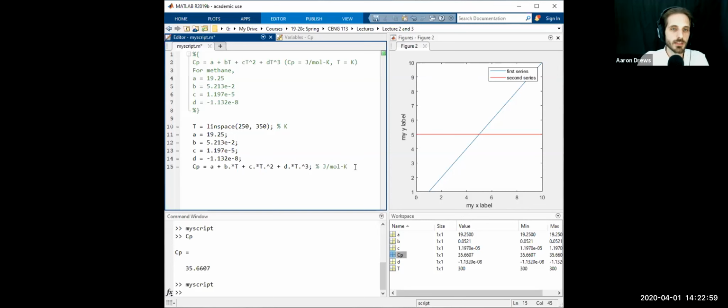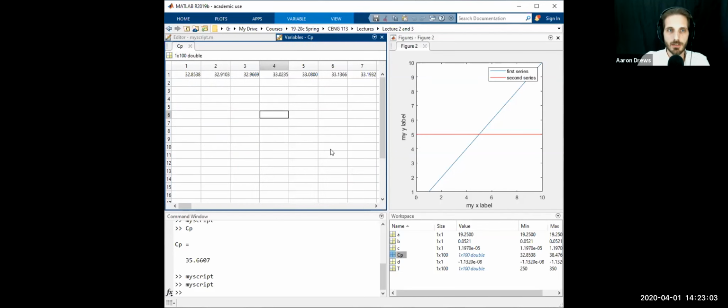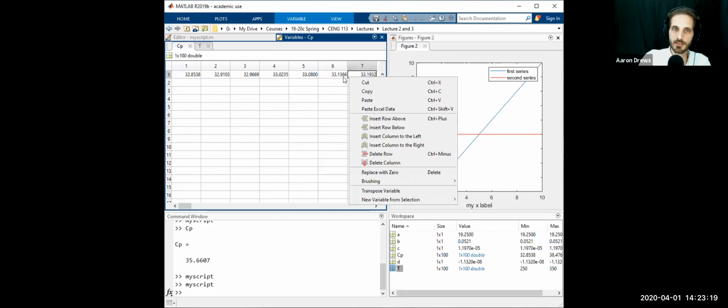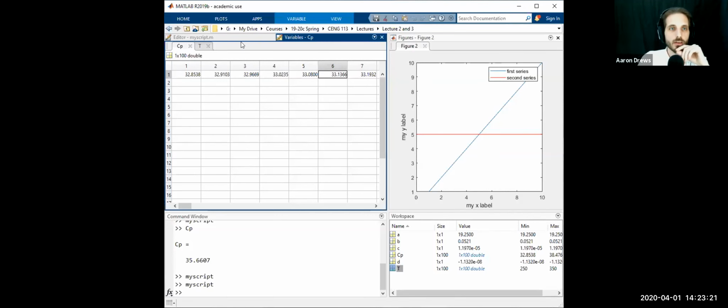So if we have something like this and I run the script again, and I look at Cp, I'll now see that it's a vector. And in fact, it's the same shape as the vector in T, right? If I look at T in my variable window, it goes from 250 on up, and each of the corresponding heat capacities for those temperatures are in the same relative location inside the heat capacity vector, which is what I want.